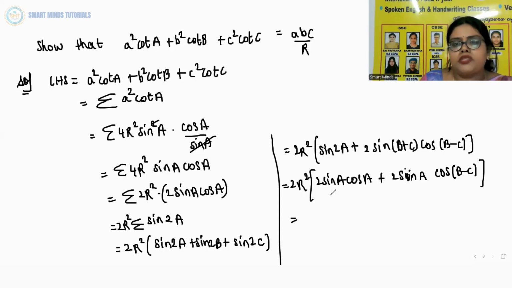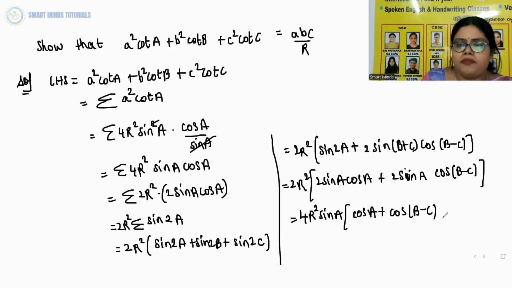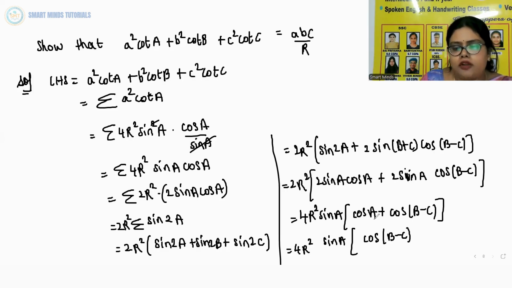Now if we take 2 sine A common, we will get 4R square sine A into cos A plus cos (B minus C). Now cos (B minus C) I will write first, then cos A we can write as minus cos (B plus C).